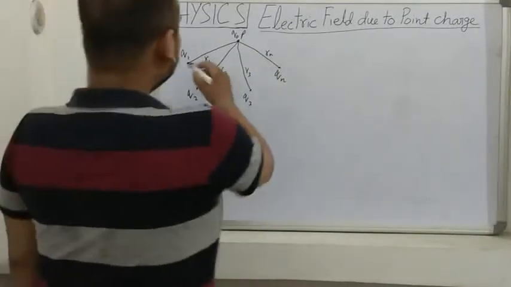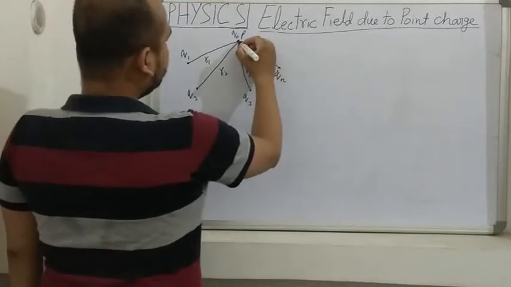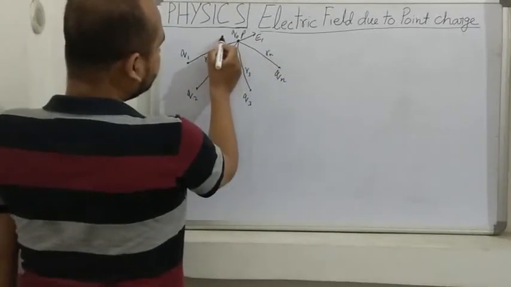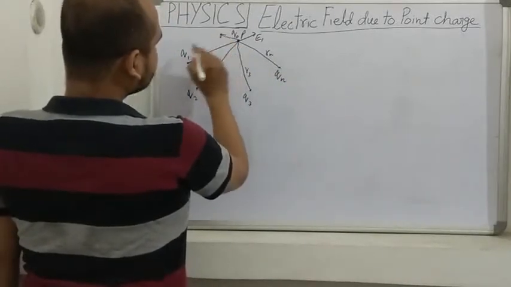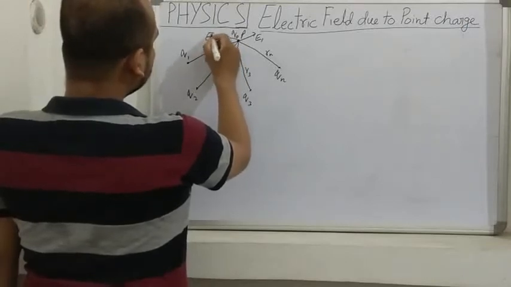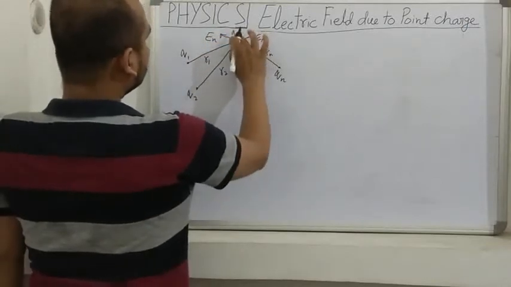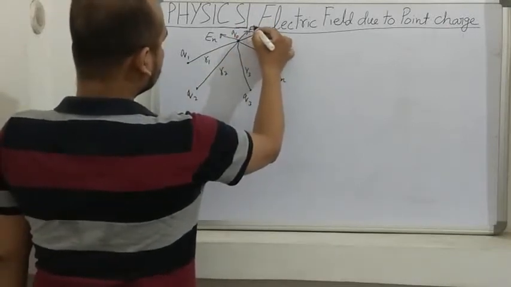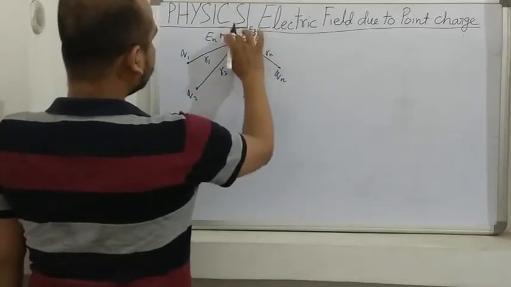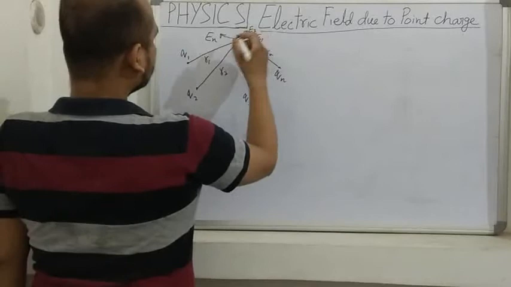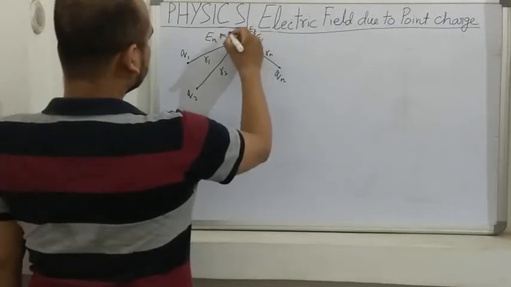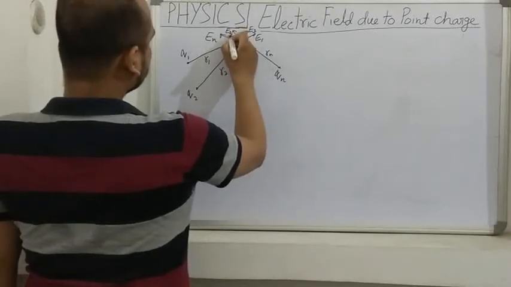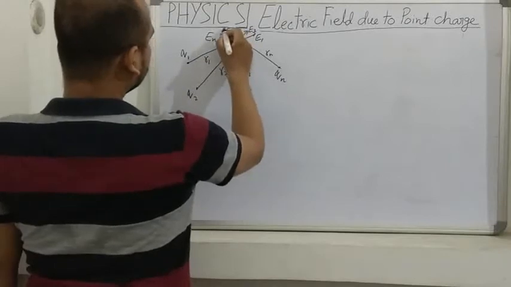So suppose due to Q1, the electric field is E1. Due to Qn, the electric field is En. Due to Q2, the electric field is E2, and due to Q3, the electric field is E3.